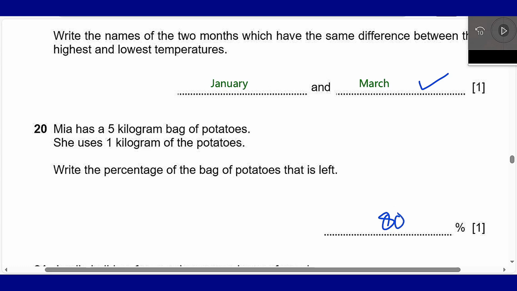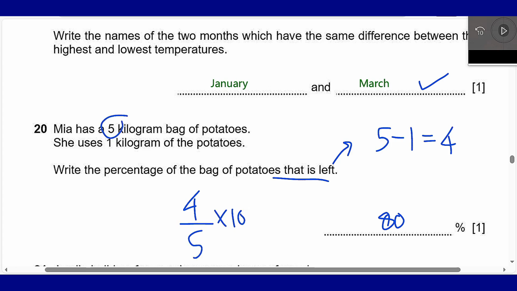How does it work? So for what is left, we count the total 5 minus used 1 is 4, and then 4 out of the original 5 times 100%. 100 divided by 5 is 20. Now 4 times 20 will get 80.